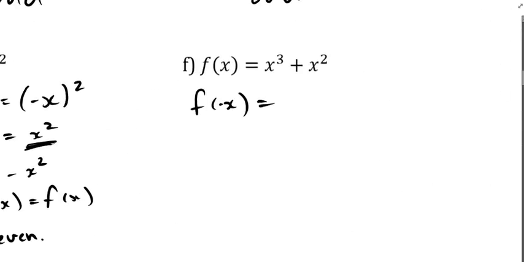So what would this one look like? I get (-x) cubed plus (-x) squared.